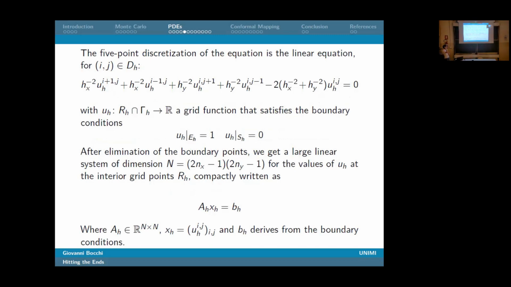We use the discretization of the derivative with 5 centered differences both in the x and in the y direction, and so we obtain this discretization, this equation that involves essentially the values of the solution in one point and the values of the solution in 1 point up, down, the one on the left and the one on the right.